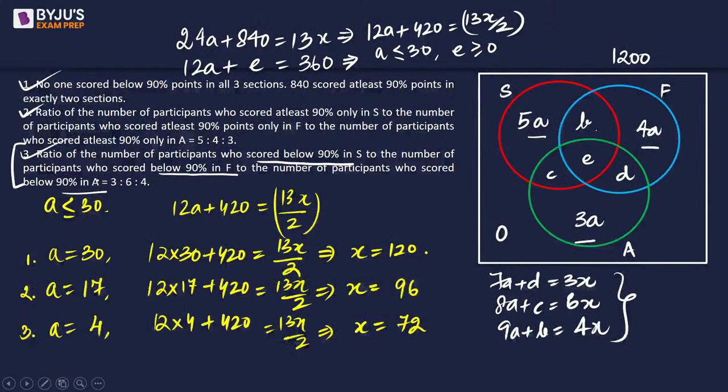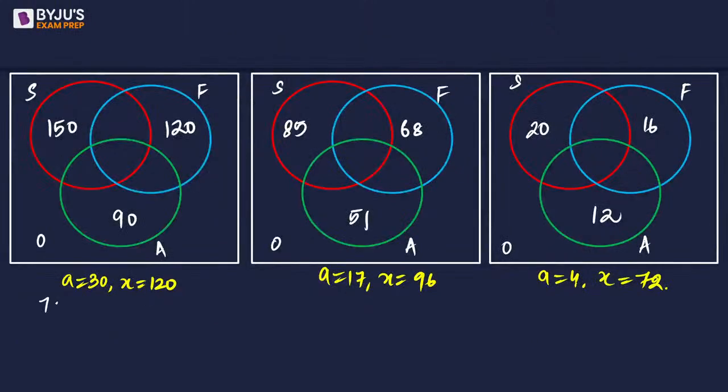Okay. The next is 7a plus d is equal to 3x. So 7 into a plus d is equal to 3x, right? So यहाँ से अगर solve करेंगे तो हमें d की value आ जाएगी. This is going to give us 360 minus 210. So d will be 150.